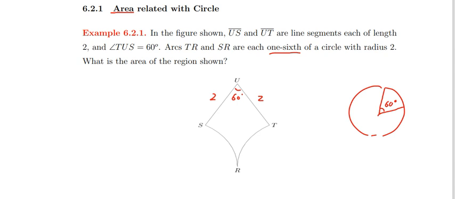Then we need to find the area of the region. At first we connect ST. Then triangle STU is an equilateral triangle, so 60, 60, 60, and this side is also 2.